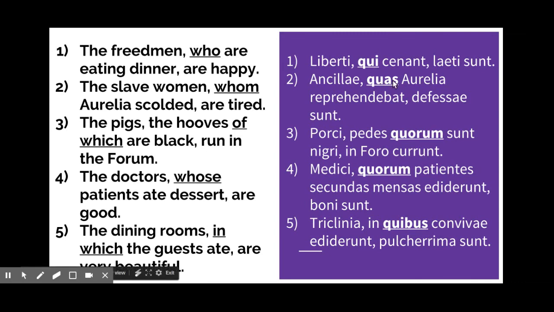Here's quas. The pigs, the hooves of which are black, are running in the forum. The doctors whose patients ate dessert are good. The dining rooms in which the guests ate are very beautiful.